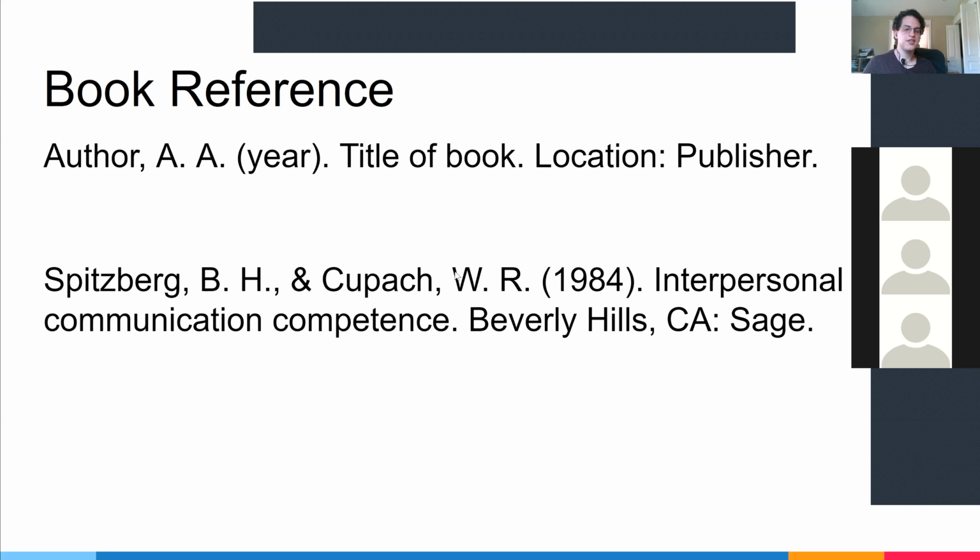So what this means is that I'm citing a book called Interpersonal Communication Competence, which was written by Brian Spitzberg and William Kapak. It was published in 1984 in the city of Beverly Hills by the Sage Publishing Company, okay?